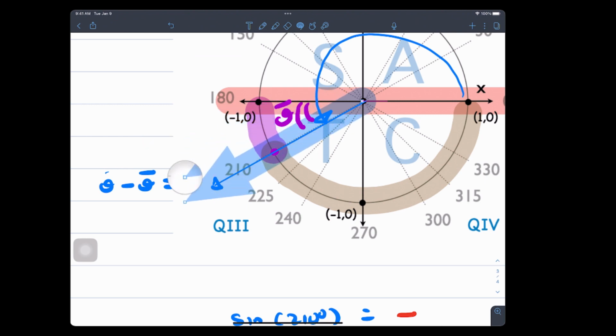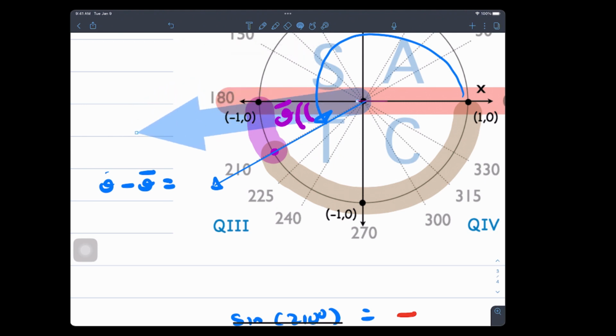Here's theta. Go back that reference in purple. What does that equal? Here's that theta. Go back. What happens if I rotate in the opposite direction? It's a negative, right? So I'm at 210. Rotate back theta. What does that equal? What does it equal? I'm not going to tell you.